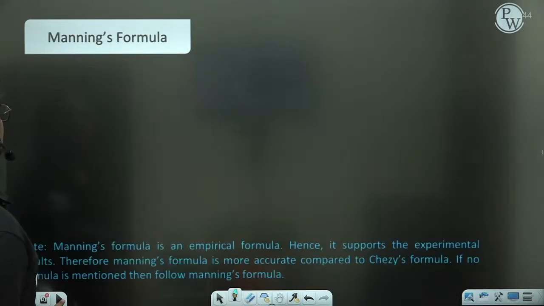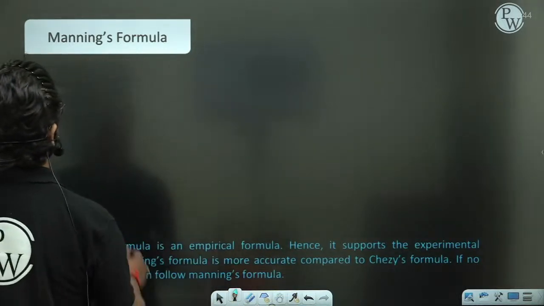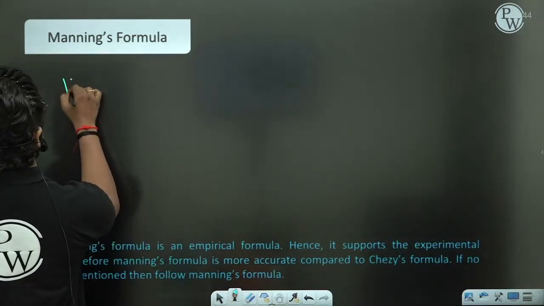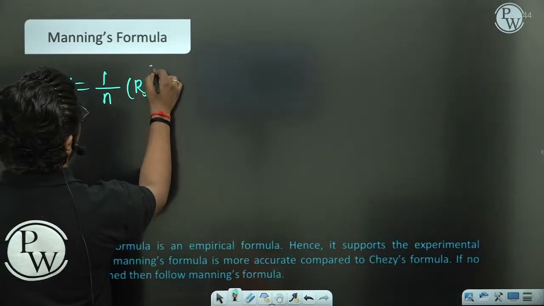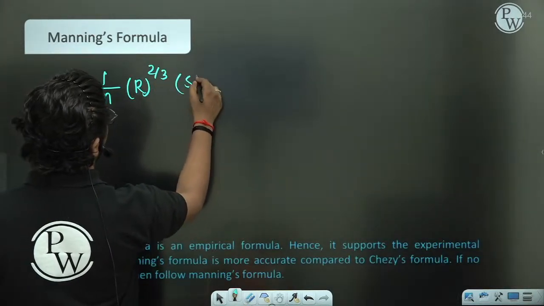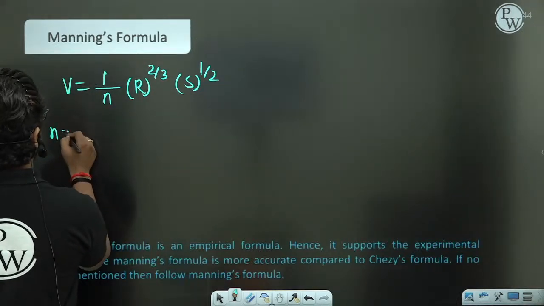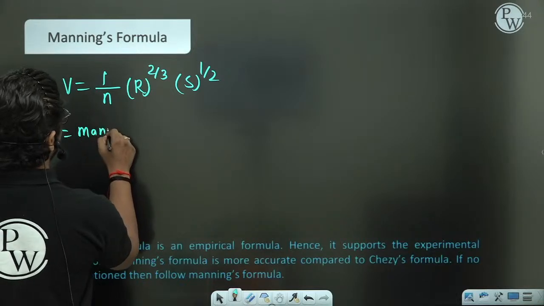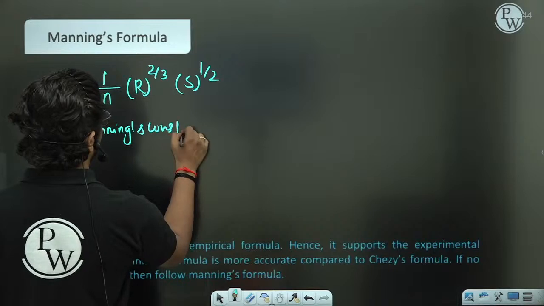Okay. Next formula is Manning's formula. This Manning's formula is basically an empirical equation: V equal to 1 by n, R to the power 2 by 3, S to the power 1 by 2. R and S you already know. n we call Manning's constant.